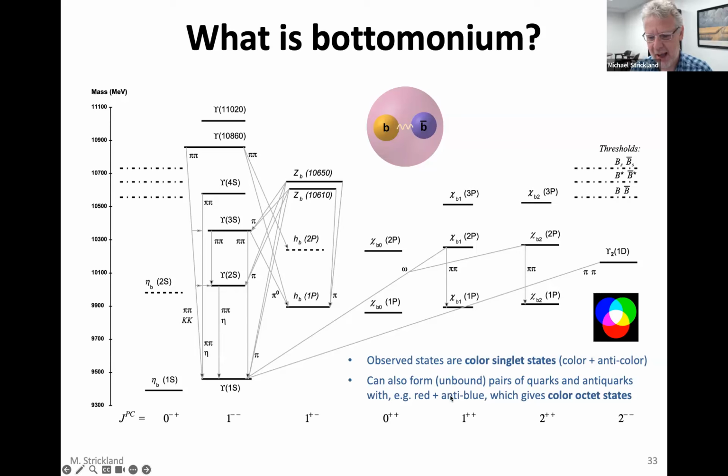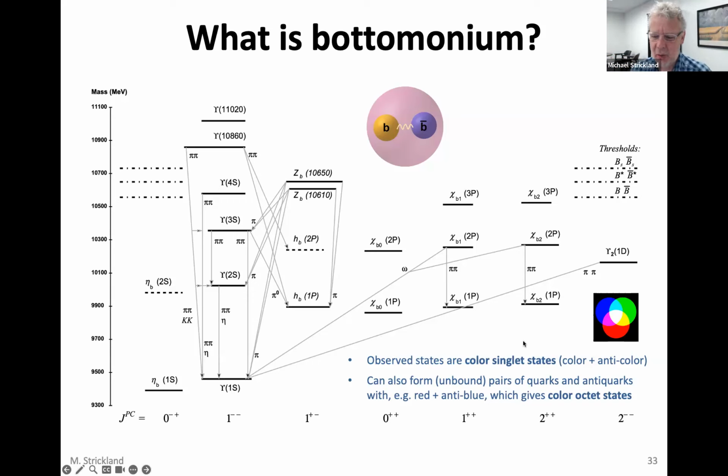For example, a red and an anti-blue, which would give you a color octet state. And in fact, in high energy production, you typically produce the octet states first through the decay of a gluon, which is in the octet. And then that octet state of a QQ-bar pair, then one of the quarks will radiate off another gluon, and then it will become a singlet at a later time.